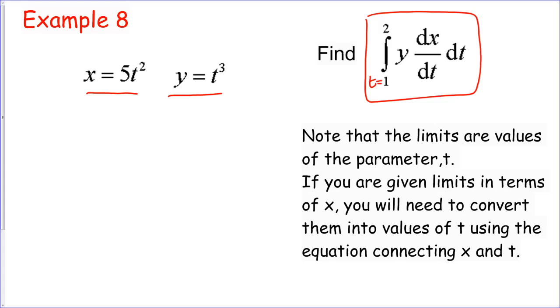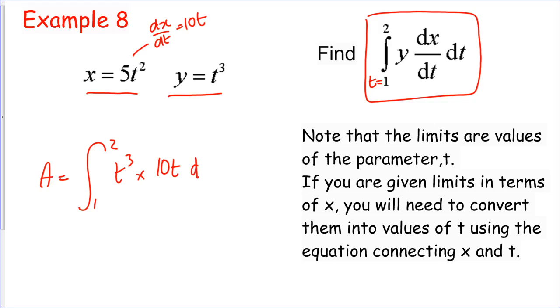So inside our area integral we have area equals the integral from 1 to 2, y is t cubed, dx by dt is actually 10t, because if we differentiate this we get dx by dt is 10t, and then this is dt. So this is actually just a year 1 integral, because this thing in here is 10t to the 4. So we can do that integral.